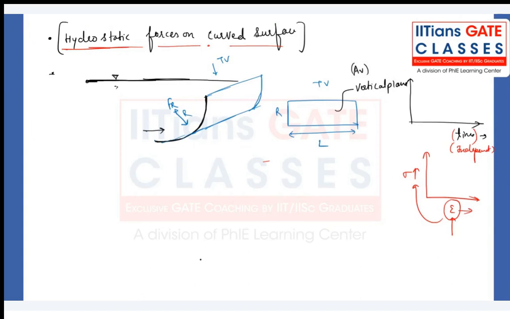What about the horizontal plane? What is my horizontal plane area?